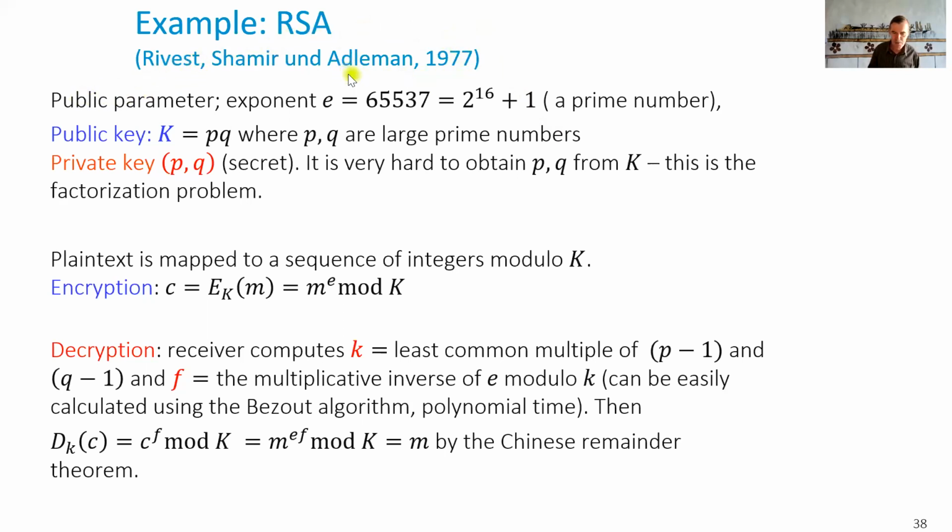RSA is based on properties of modulo arithmetic, prime numbers, that kind of stuff. It uses first an exponent, which is public. It must be a power of 2 plus 1, for some reasons that we will not discuss, and it must also be a prime number. Now, the good news is there are lots of numbers of this type. For example, we could use this one.